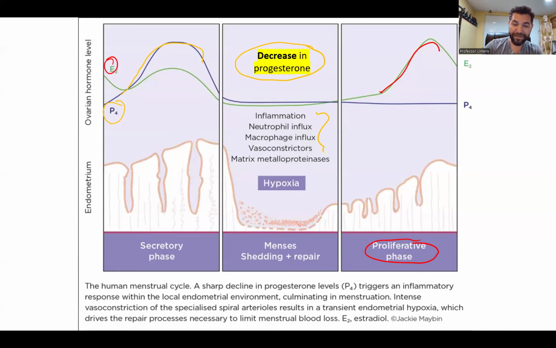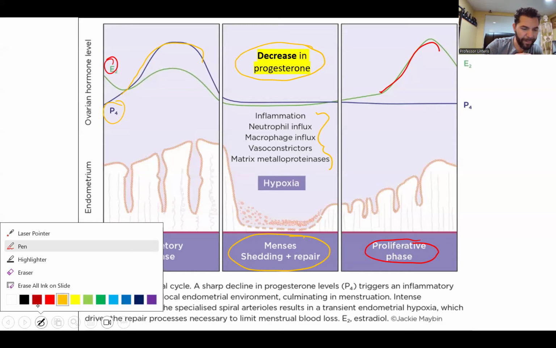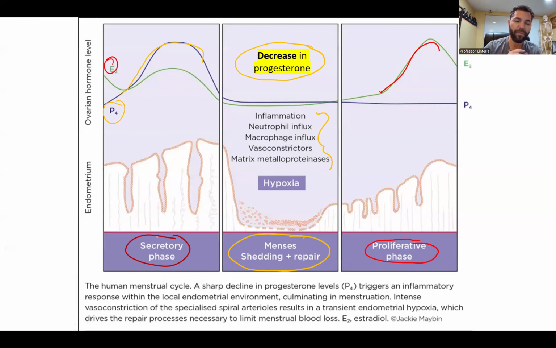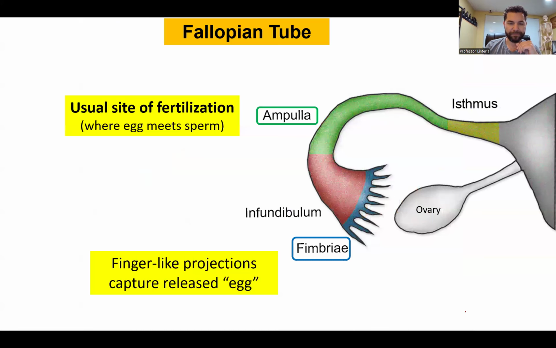It triggers a series of events that will result in the menses, shedding and repair of that stratum functionalis. So it's pretty much the same thing that we just looked at, with a slightly different picture of hormones. Same hormones, same levels, just a slightly different picture. And it explains it down here very nicely. Cool. That's the uterus.